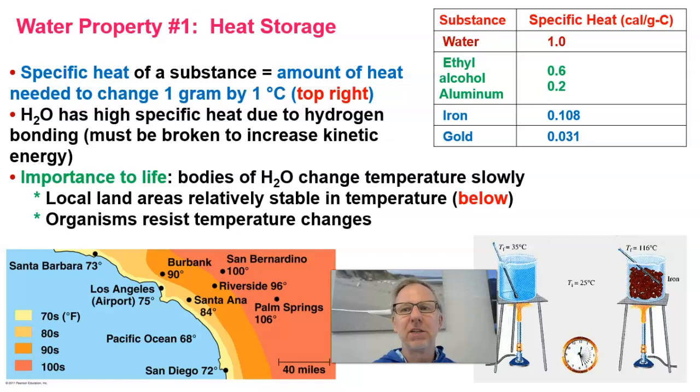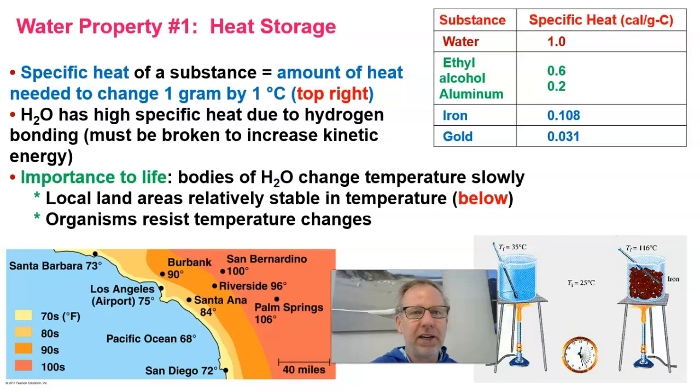It takes 0.6 calories to do the same thing. Aluminum, 0.2. Iron, gold, really low. So these are just a couple comparisons, but trust me, water compared to other substances has a very high specific heat. And why is that?